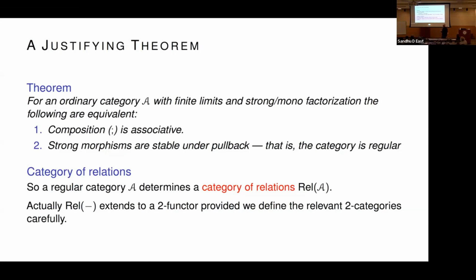That says that a regular category automatically gives you a category of relations with that composition that I just described. And in concrete categories that you are familiar with, that's the composition you were expecting, right? It is relational composition. Okay. And it extends in nice ways. Again, all of this is completely classical theory that's been very well worked out for a very long time. So I'm not telling anybody anything new so far.